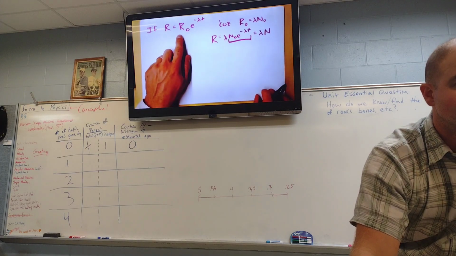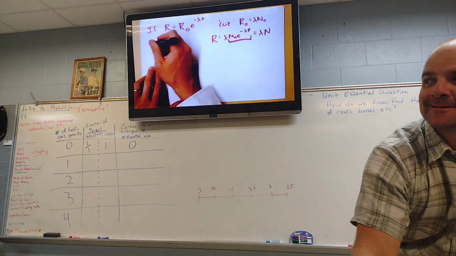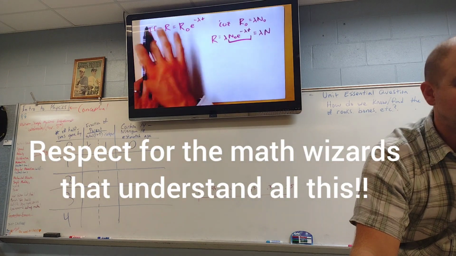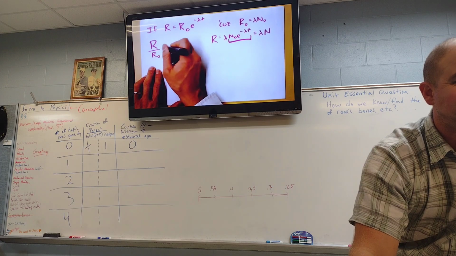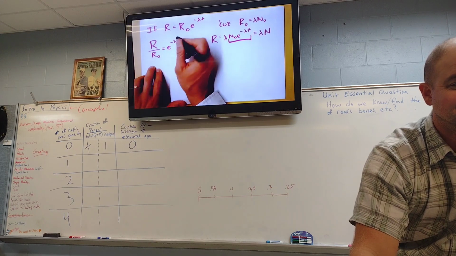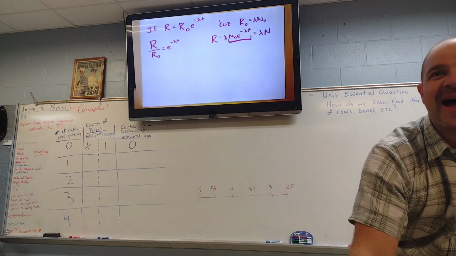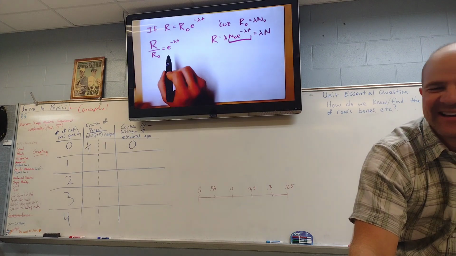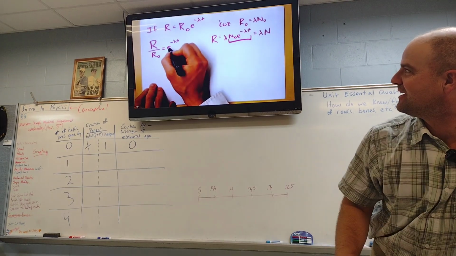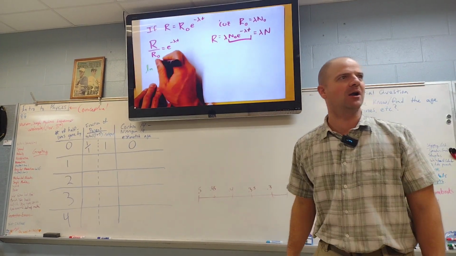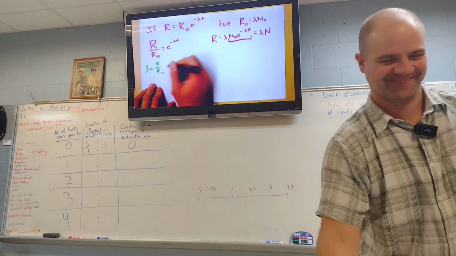So this is a reasonable statement, and then we can just solve this. Ultimately, I'm trying to solve this for t. Watch this. I'm going to say R over R naught is e to the negative lambda t. What the heck is that? I'm trying to get the natural log. It's the only way. Pay attention. This ratio R over R naught.